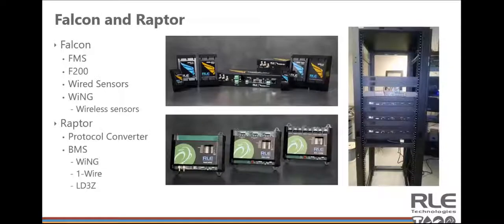The next couple lines we have are Falcon and Raptor lines. The Falcon products are designed for management or monitoring of a facility. You can then map, monitor, and or aggregate data and pass it off to another building management system if you have one equipped. The Wing Manager is another one that's in there as well.